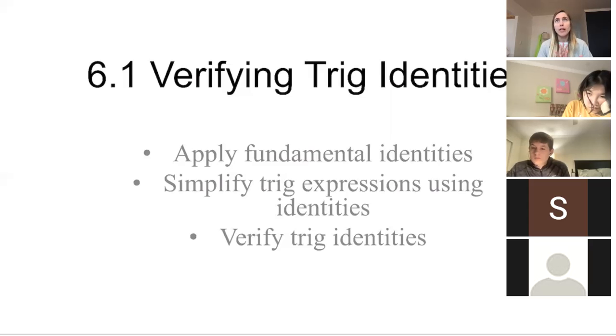And I have communicated with Mr. Green, who teaches AP Calc AB, on the identities that he expects you to know and that the AP exam expects you to know. So you'll have to memorize those ones, and then there's other ones that you'll be given along the way.